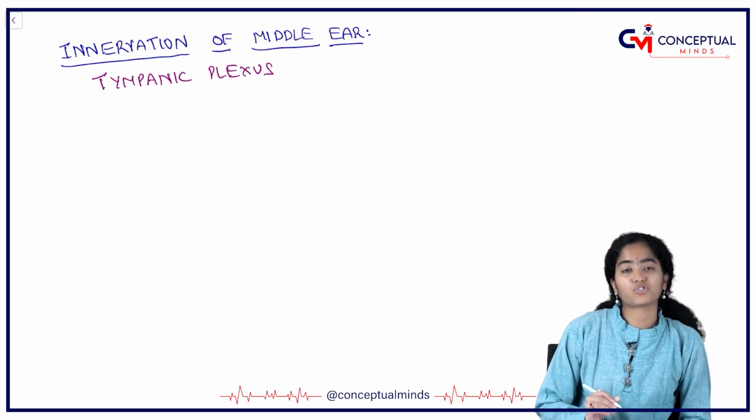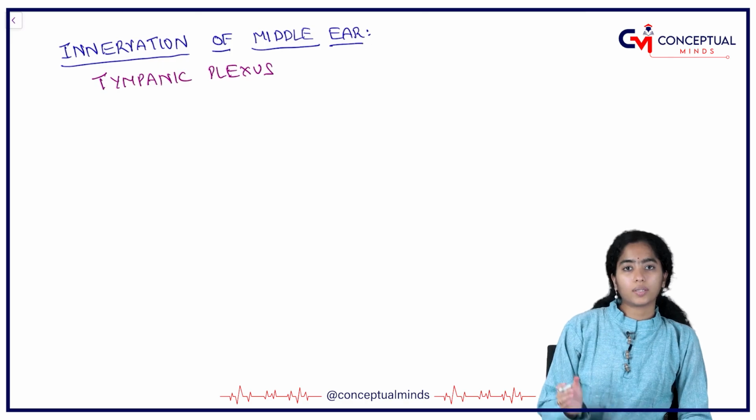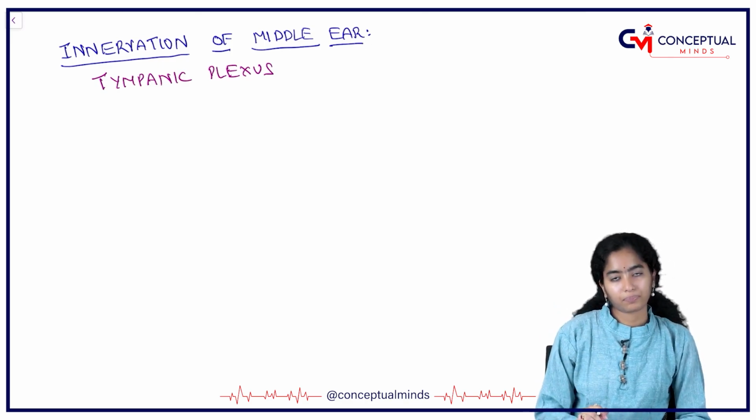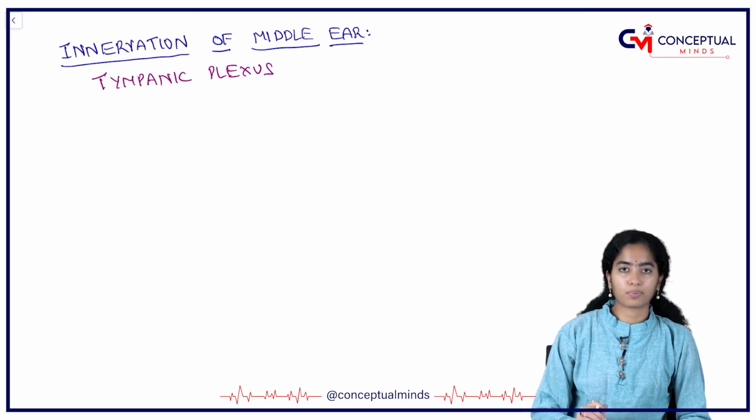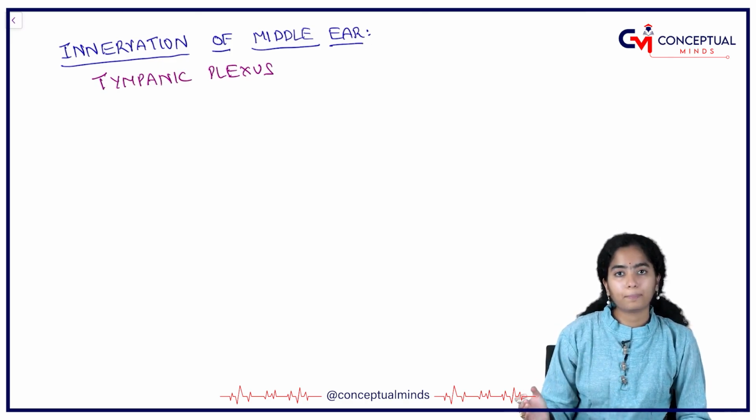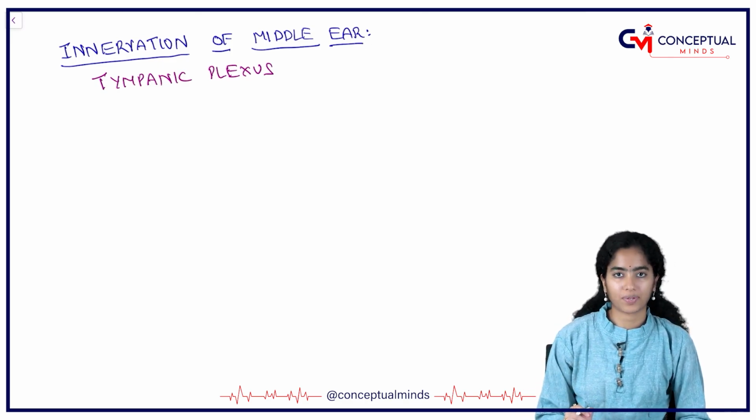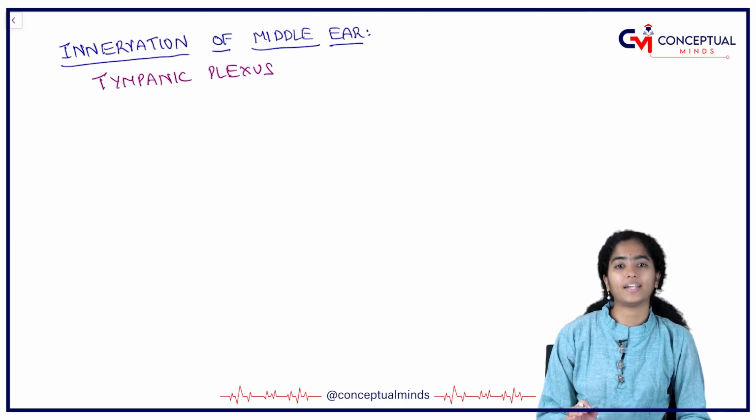Again, correlation with middle ear anatomy. On the medial wall of middle ear, you can see a bulge known as promontory, and on that bulge a plexus of nerves was present and we called that tympanic plexus.